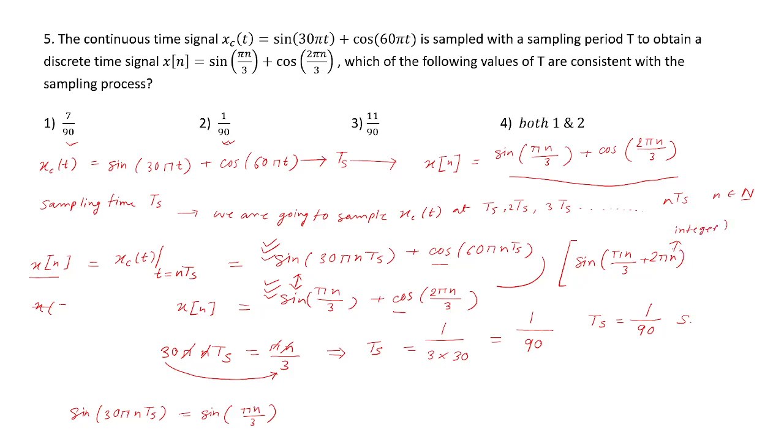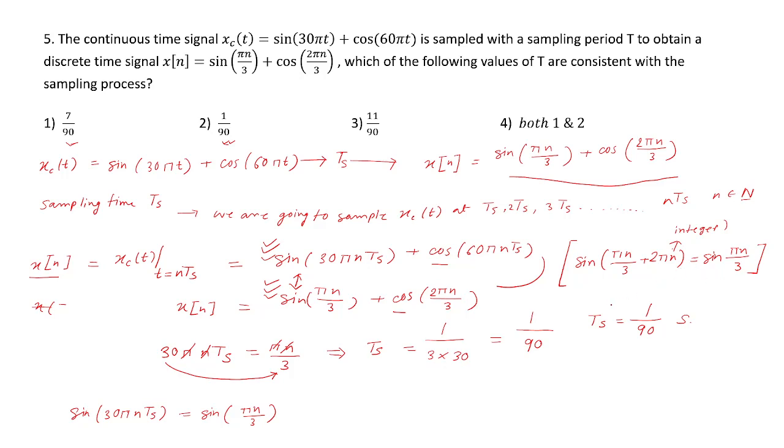So when n is an integer and for sine of anything, it's periodic with 2 pi, so sine of pi n by 3 plus 2 pi n is equal to sine pi n by 3.